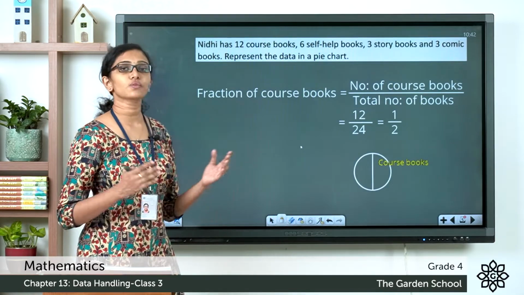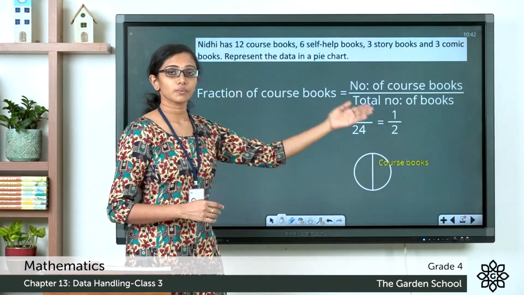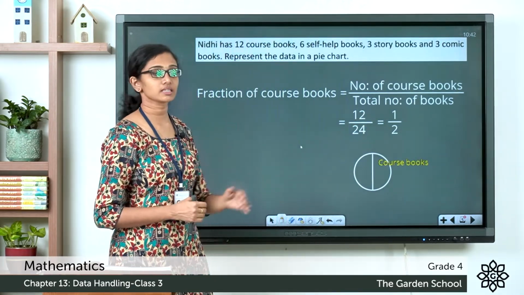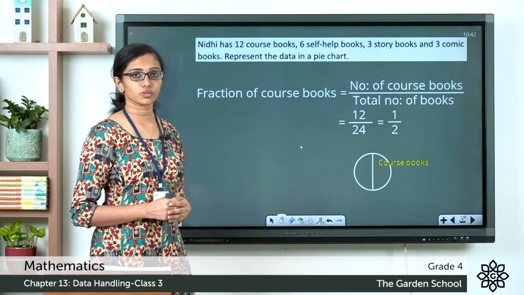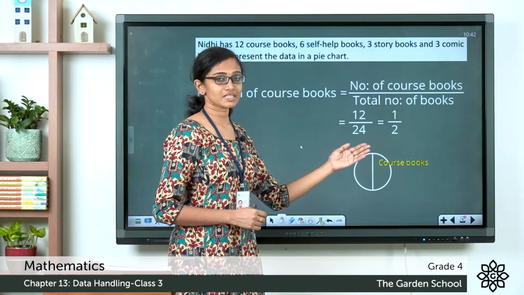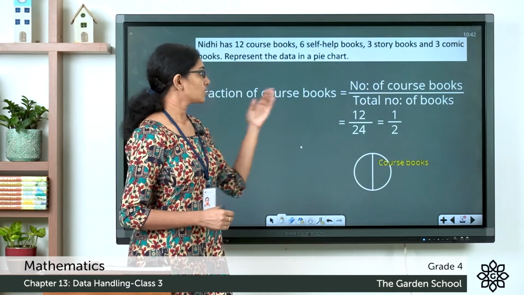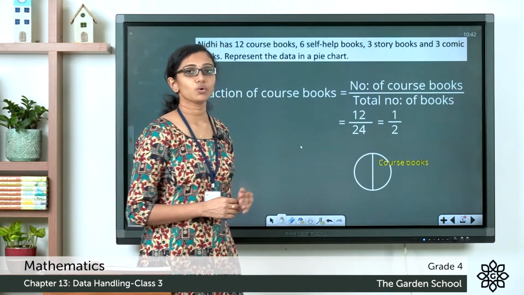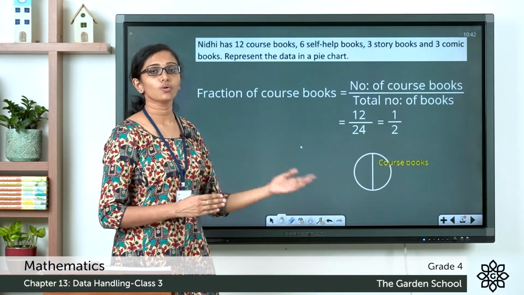The fraction of course books will be equal to the number of course books divided by the total number of books. So what is the number of course books that she has? She has 12 course books, and that divided by the total number of books, 12 divided by 24, and when it is reduced to the lowest term, you will get 1 by 2. So the fraction of course books is equal to 1 by 2, or half of the whole circle, or half of the whole 24 books.